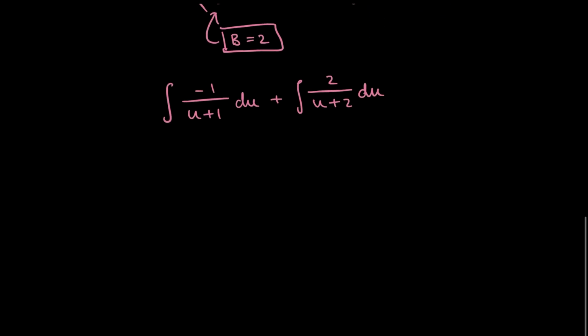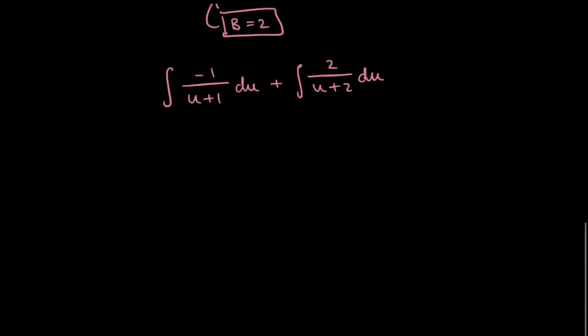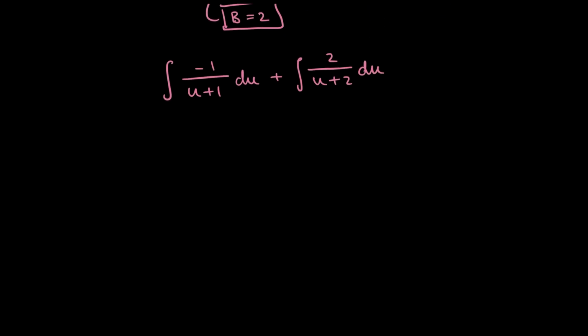And this is pretty easy to integrate because it's just going to end up being a log. So the first integral over here is going to be negative natural log of u plus 1. And then the second integral gives me 2 natural log of u plus 2 plus an arbitrary constant c because this was an indefinite integral.